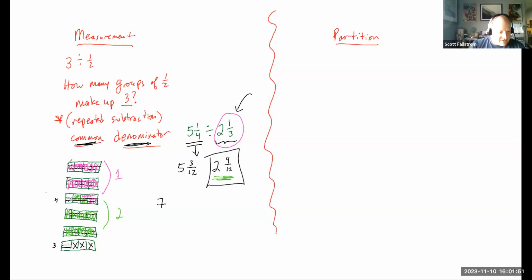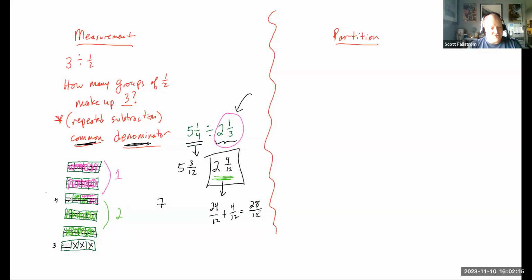So when you look at the number of pieces it takes to make a 2 1/3, which is the same as 2 4/12, you could think of saying this would be the same as the two objects requiring 24 of the little pieces, and I need an additional 4 pieces. So the grand total is 28 twelfths. Okay.